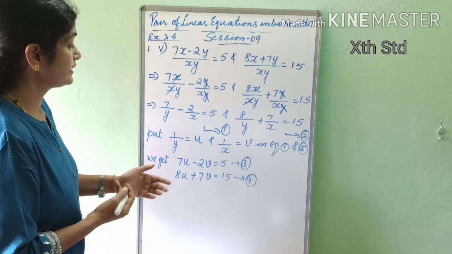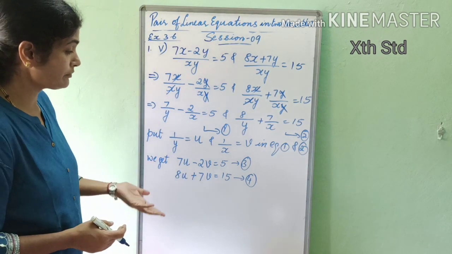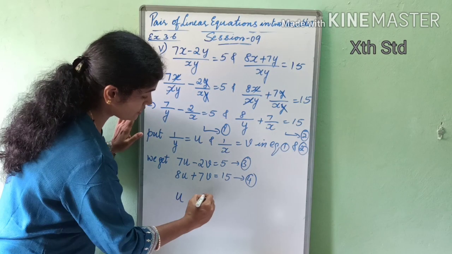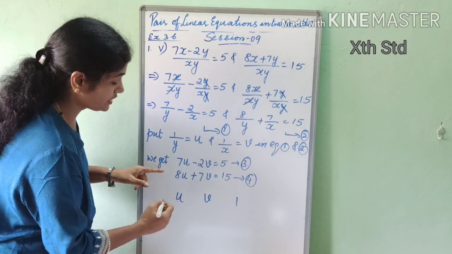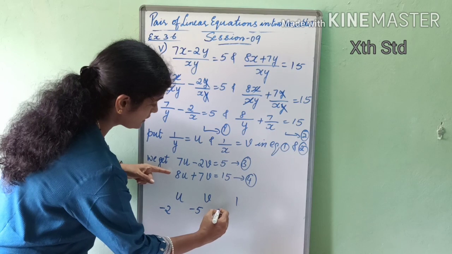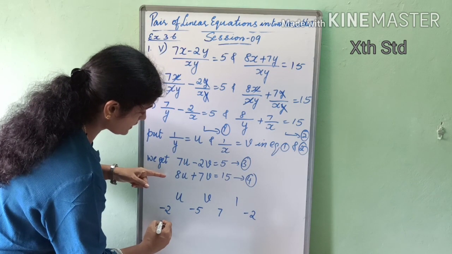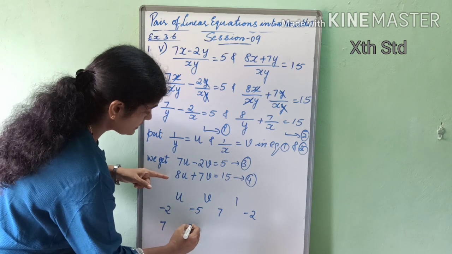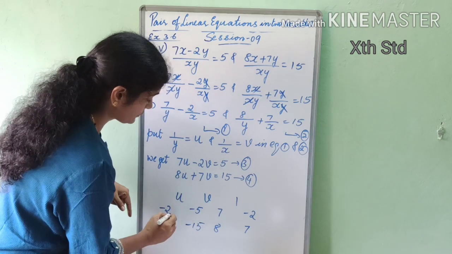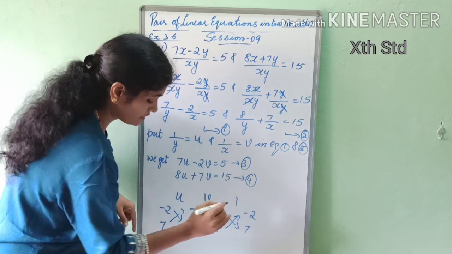Then we can make the coefficients of u or v the same, or we will go with the cross multiplication method. If you go with cross multiplication, it is u, v and 1. Putting it in the standard form, then arrow marks, then solve this.